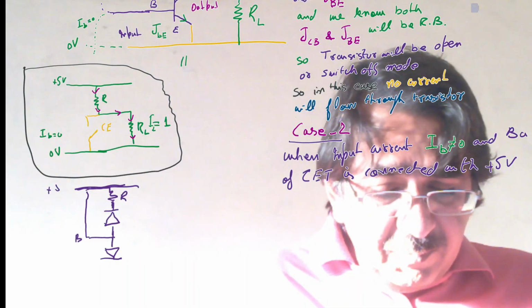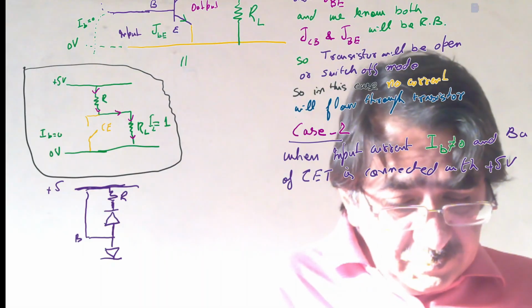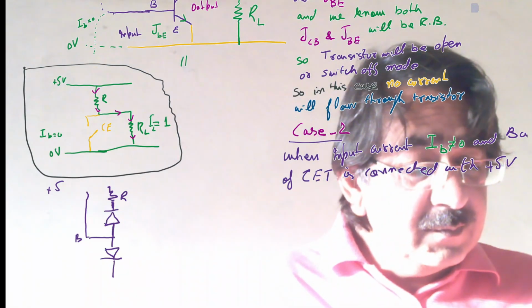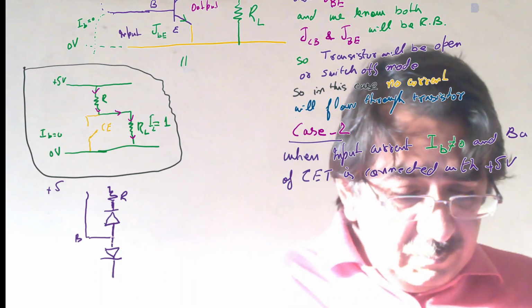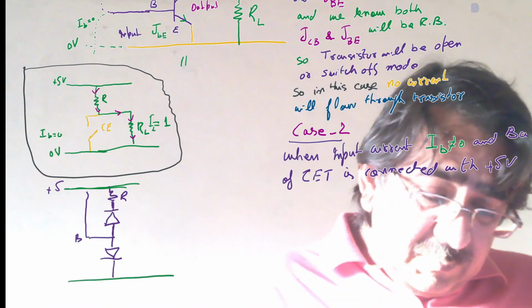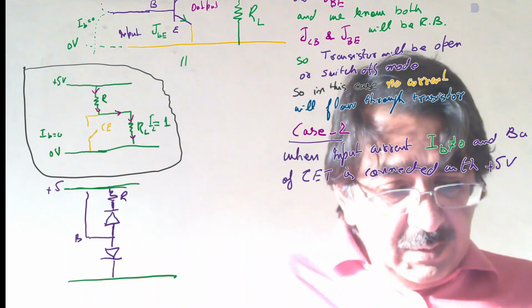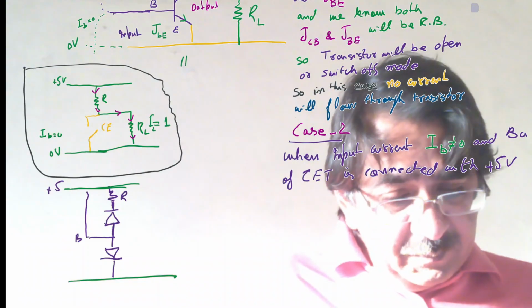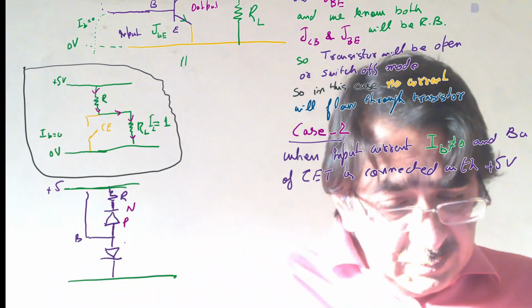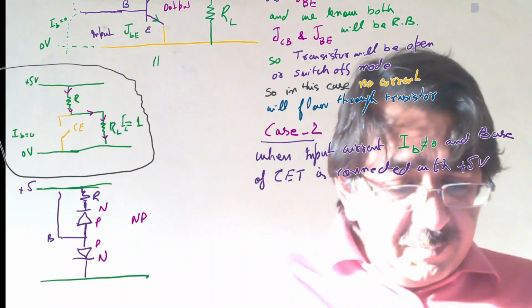When base is connected with the plus 5 volt, this is P part, this is N part. This is about the NPN transistor.